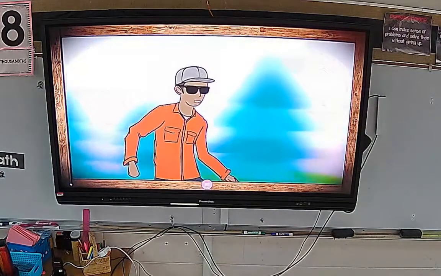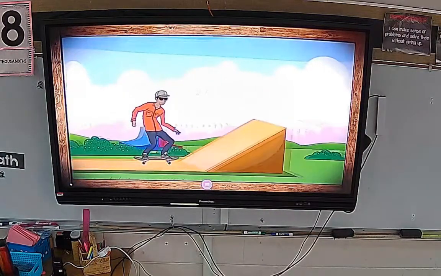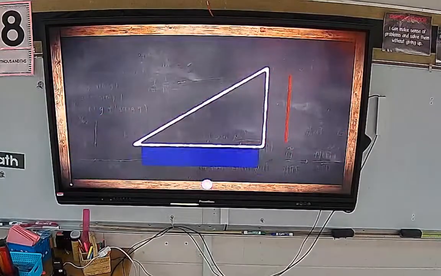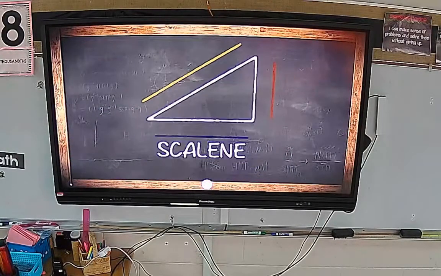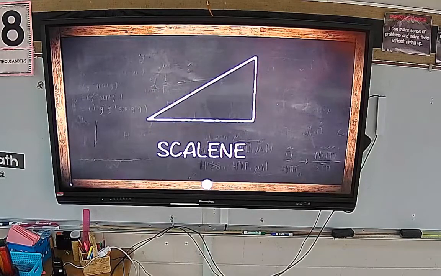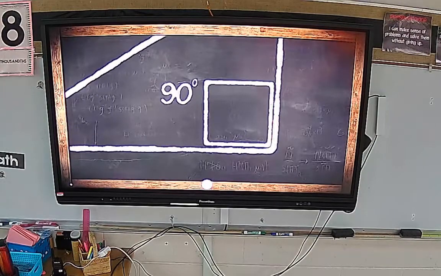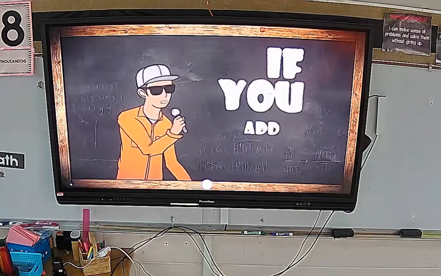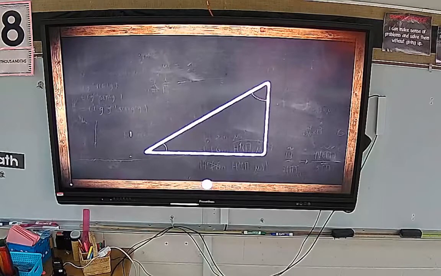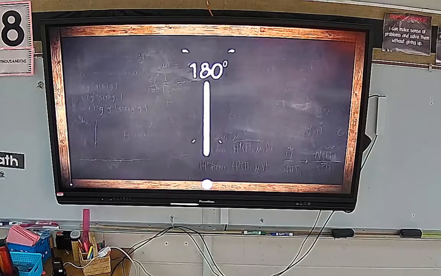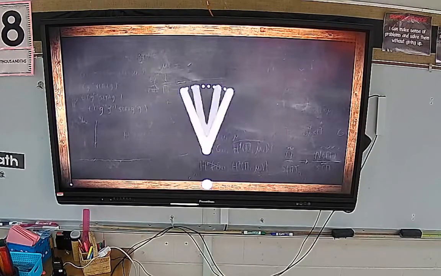Skateboard ramps are your scene, with three different sides, they're called scalene. That triangle would also be called right, if a 90-degree angle is inside. If you add up every angle, there are 180 degrees in a triangle.